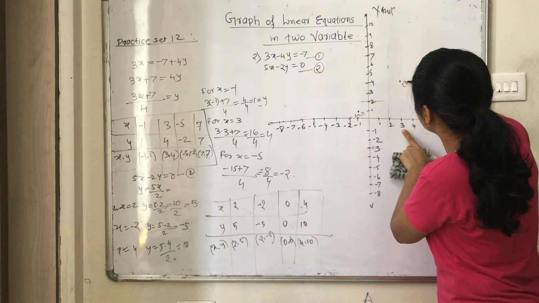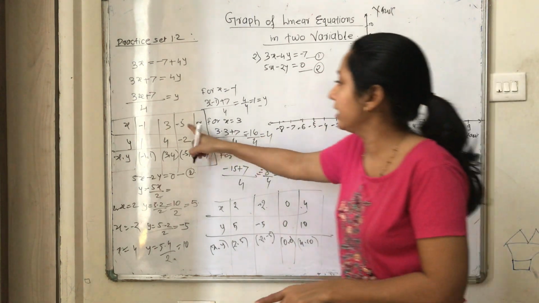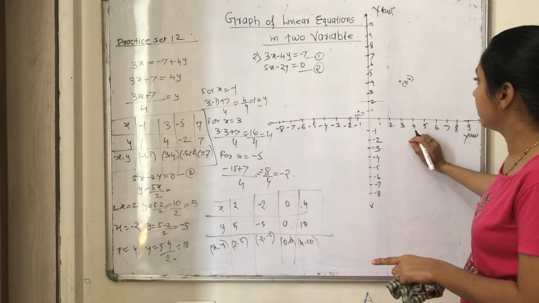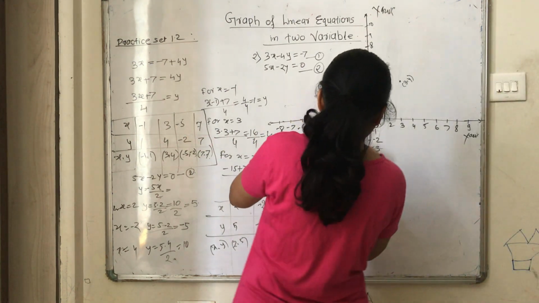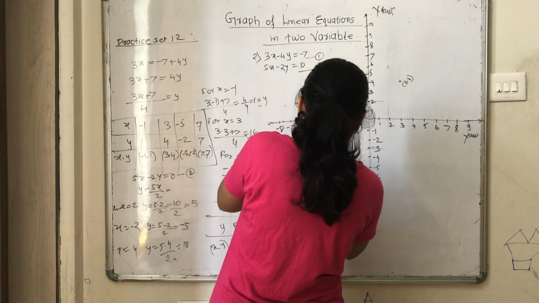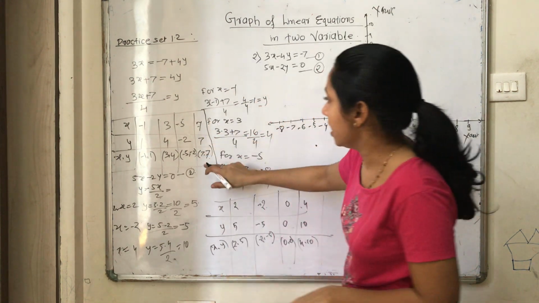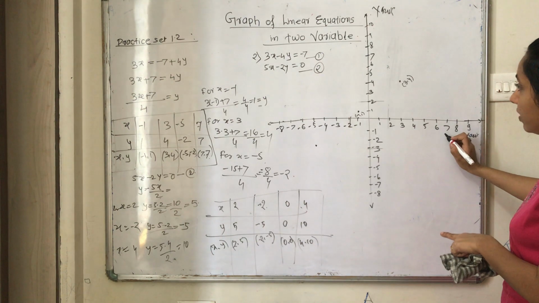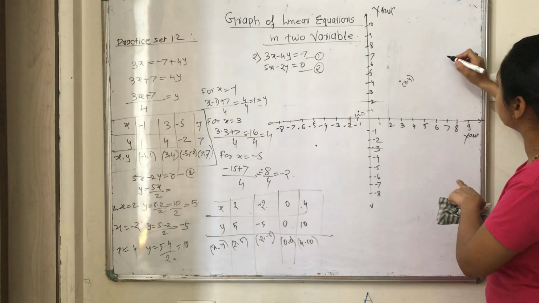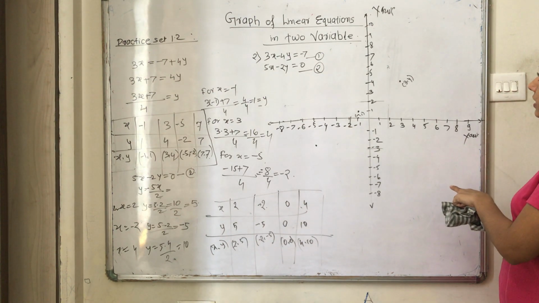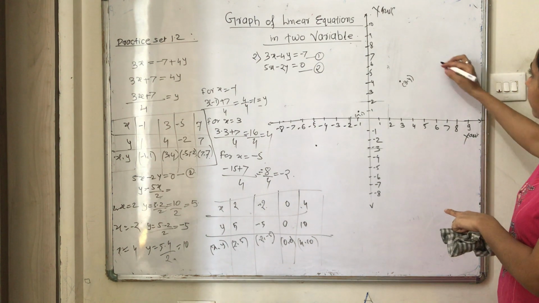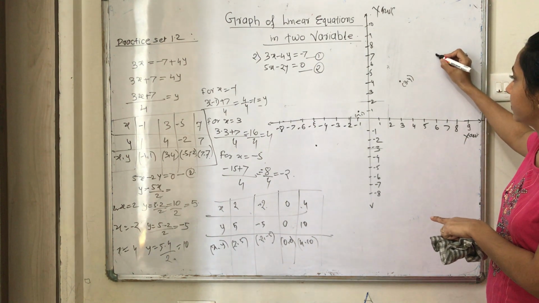I will write here, it is 3 comma 4. Then minus 5 comma minus 2. So this is minus 5 comma minus 2. Then it is 7 comma 7. So I will get here 7 and 7. So I will get this point.